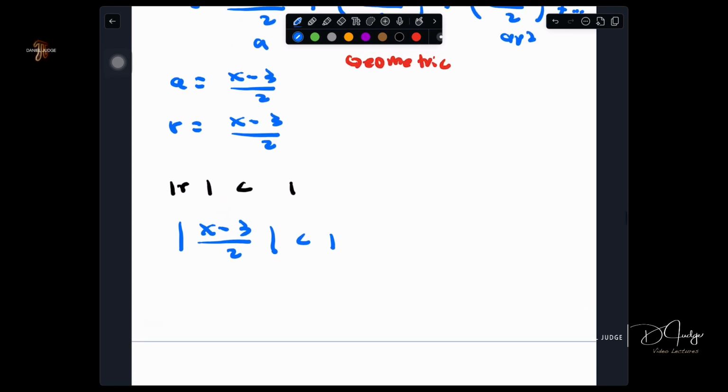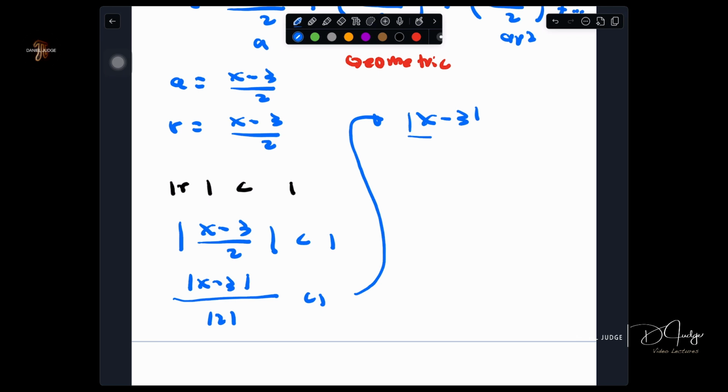All right, properties now. x minus 3. There's our iPad game again. Let's go up here. The absolute value of x minus 3 over 2 needs to be smaller than 1. I can solve for the absolute value by multiplying both sides by 2, and then 2 times 1 is 2.